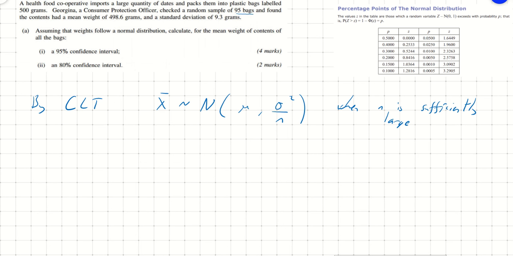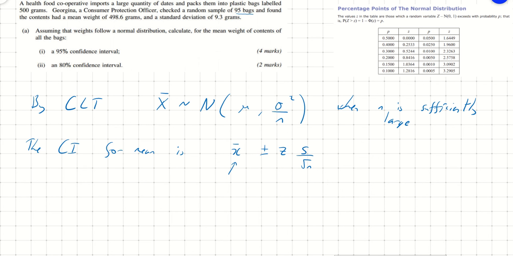The mean weight has a normal distribution with mean mu and variance sigma squared over n. And if we use this result, then the CI, the confidence interval for the mean, is given by x bar plus or minus z s over root n.